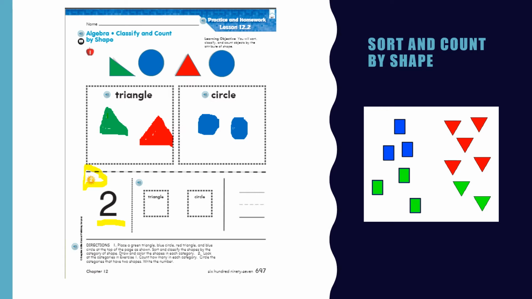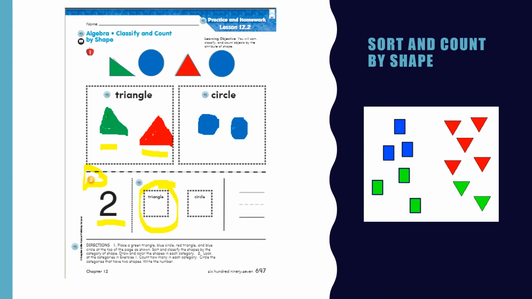Which group or which category of shapes has 2 of them? Okay, which group has 2? Well, let's count how many triangles. Are there 2 triangles? 1, 2. Yes, there are 2 triangles. So you will need to circle the triangle box.